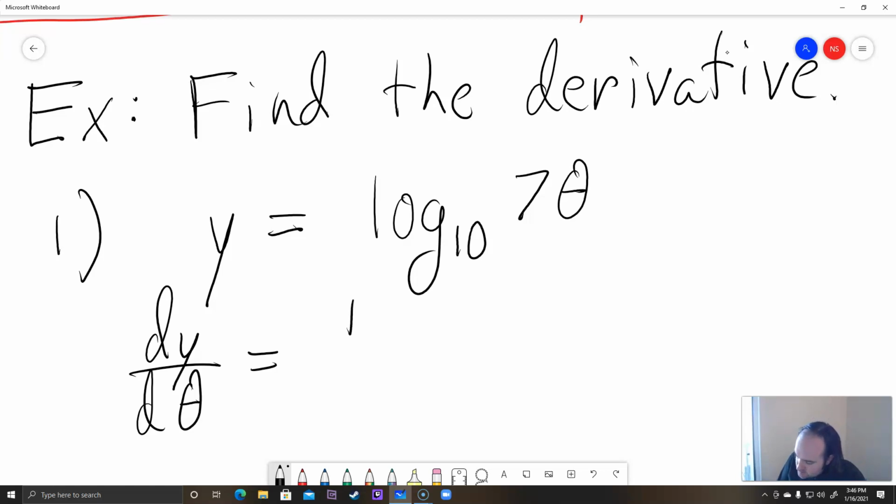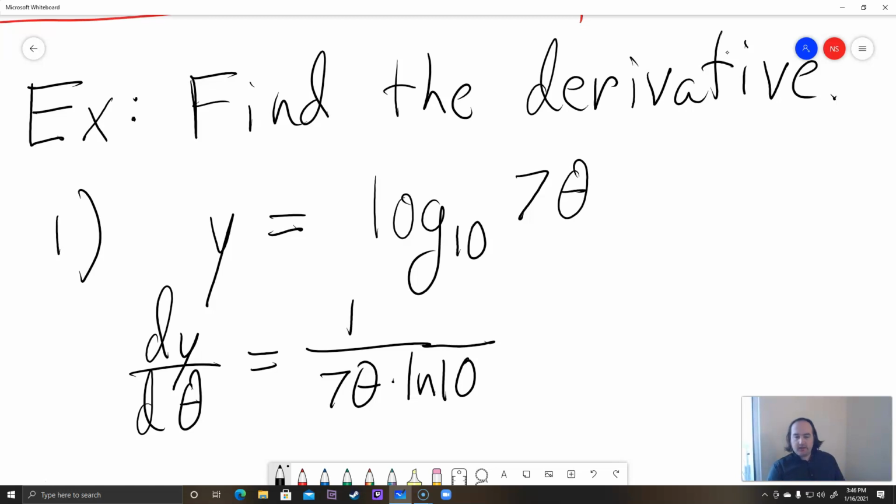So what we're going to have here is 1 over 7 theta times ln of 10 in our denominator. So that's, using the chain rule, we also have to take the derivative of 7 theta and put it out front here. So what's the derivative of 7 theta? Well, that's just going to be 7. So we have 1 over 7 theta times ln of 10 times the derivative of 7 theta, which is going to be 7.